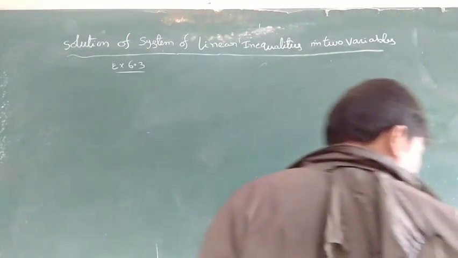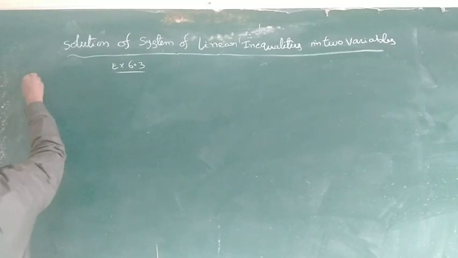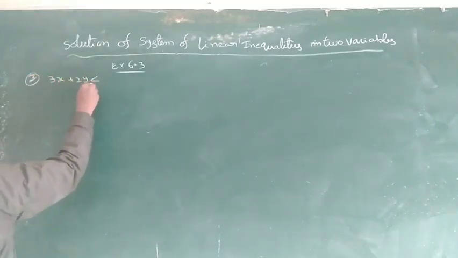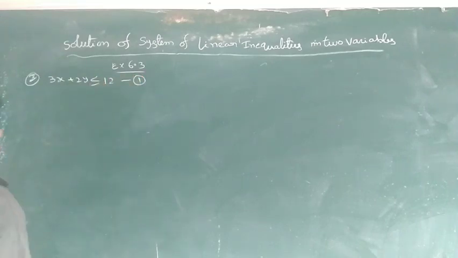Next, 3x plus 2y less than or equal to 12. This is equation number 1.